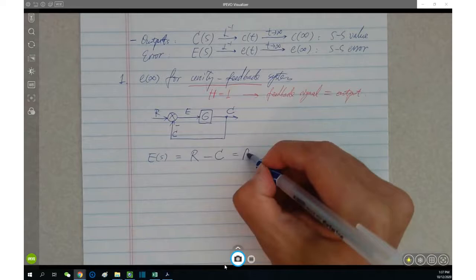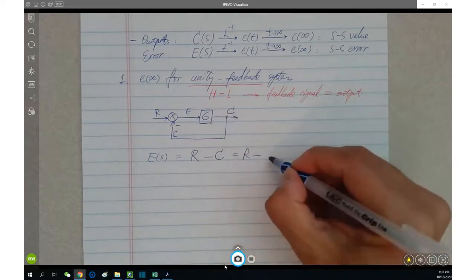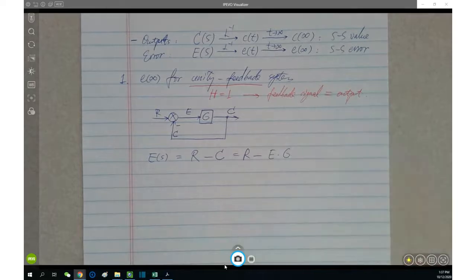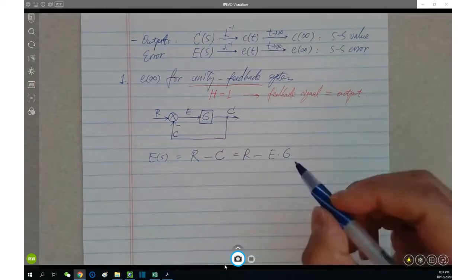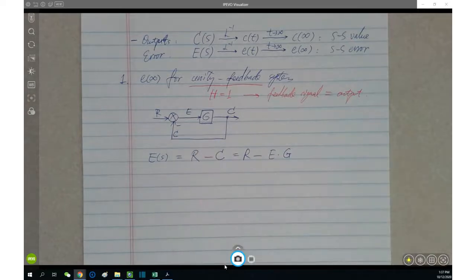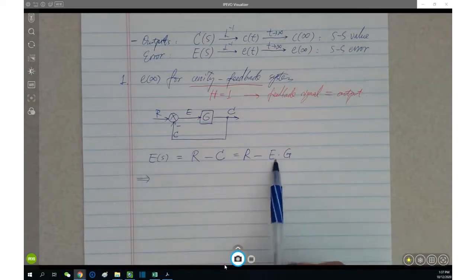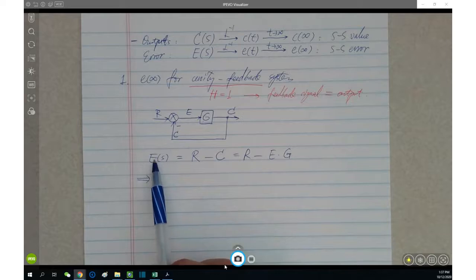And output equals what? Output is the output of the G. So output equals error signal times the transfer function G. And then you move this term to the right-hand side to combine with this E term, right?